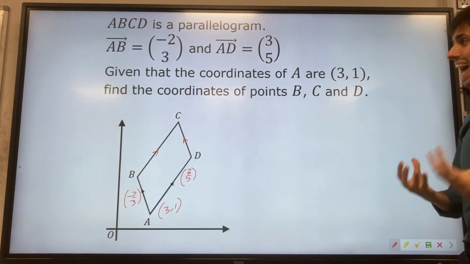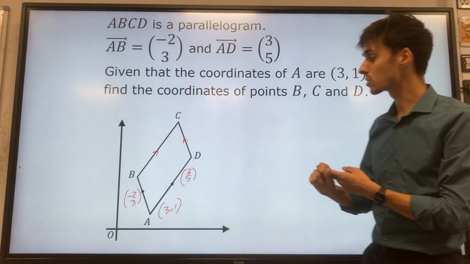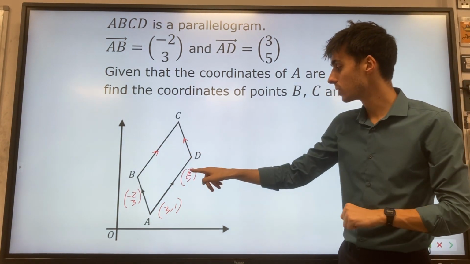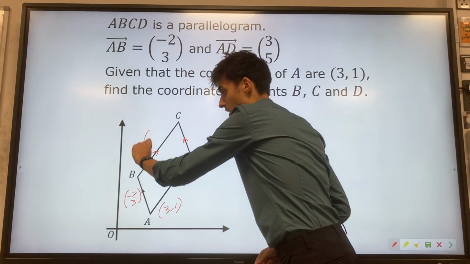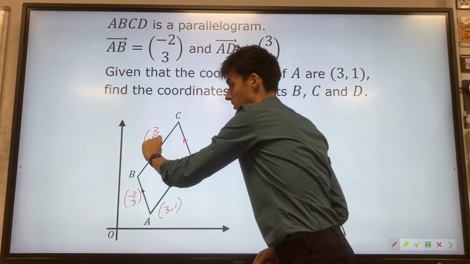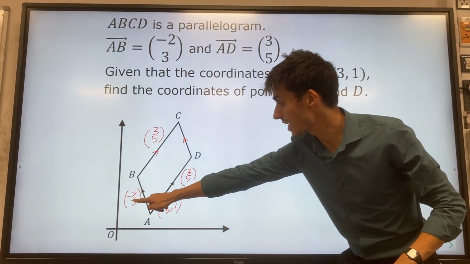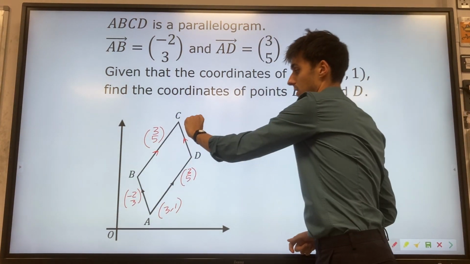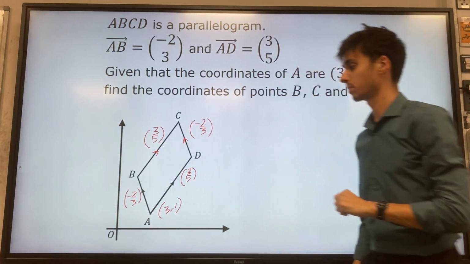They must be exactly the same length, and they must be parallel. That means the vectors must be identical. So if this vector here on this side is 3, 5, this vector up here must also be 3, 5. And likewise, if this vector here is minus 2, 3, this vector up here must also be minus 2, 3.